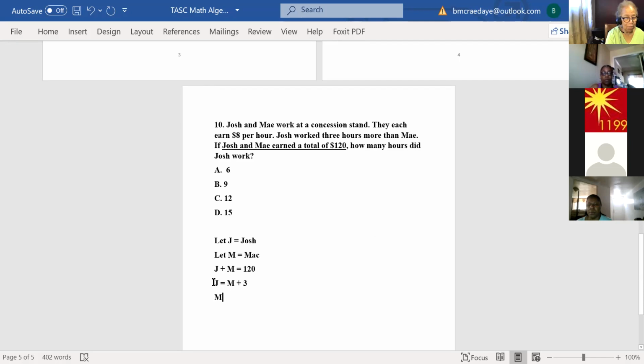You subtract the 3 from both sides, right? So M equals J minus 3. Now, you could take this equation and substitute for M, J minus 3.